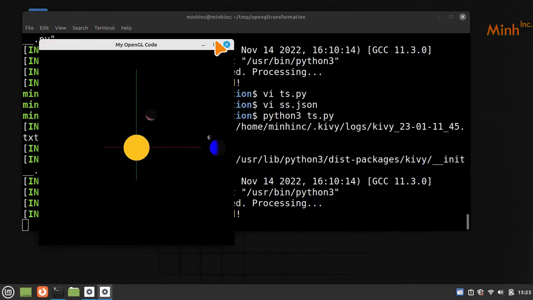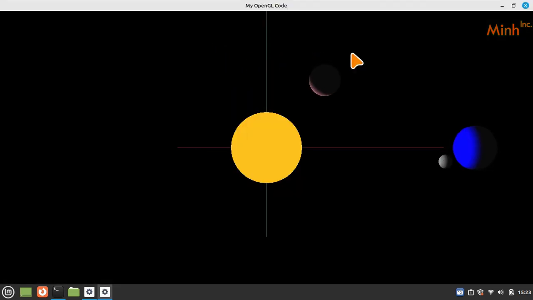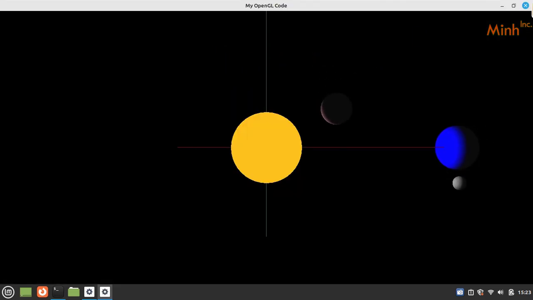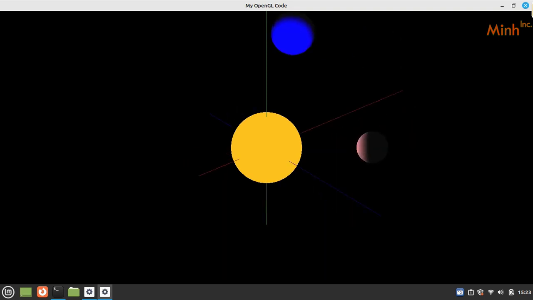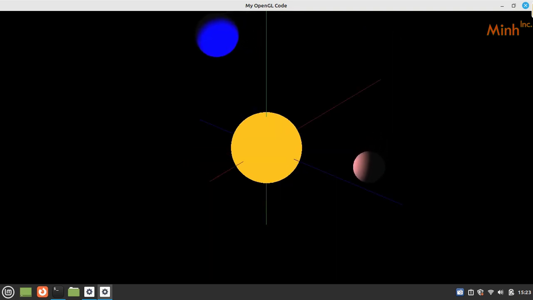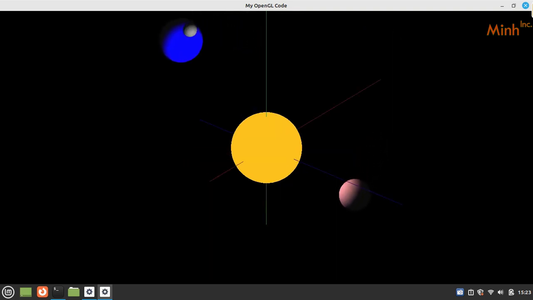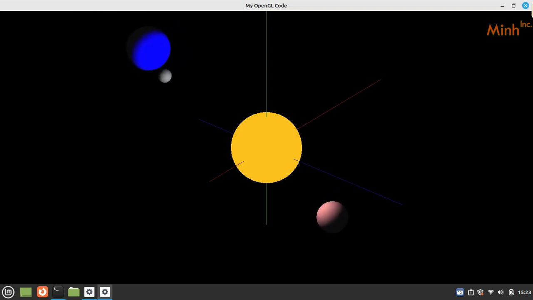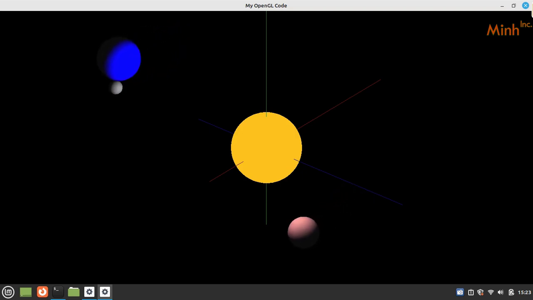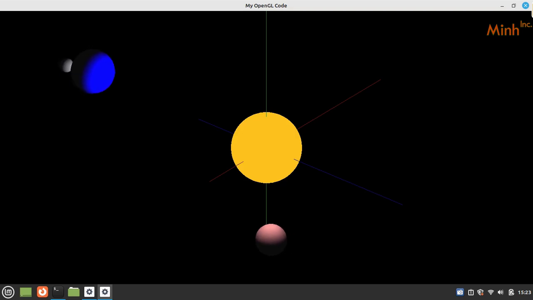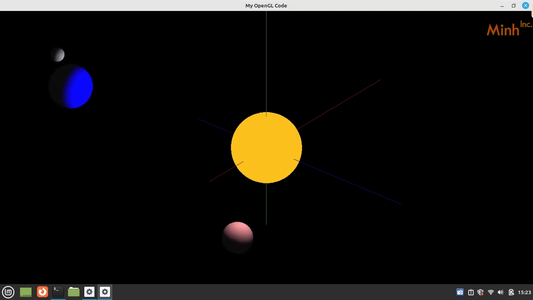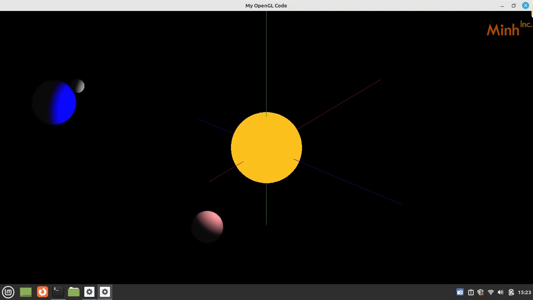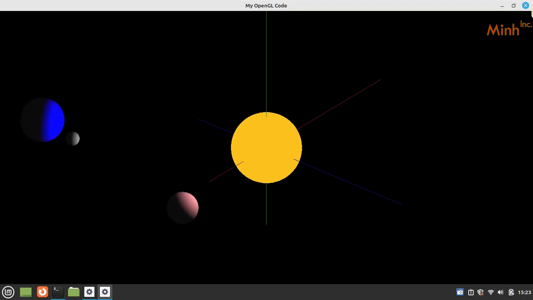We'll make it bigger, and now we can see the XYZ axes. Red is the x-axis, blue is the z-axis, and green is the y-axis. The small portion is negative and the bigger portion is positive.